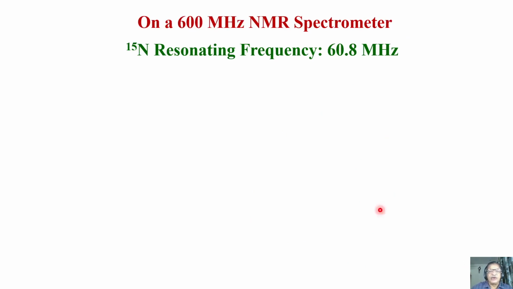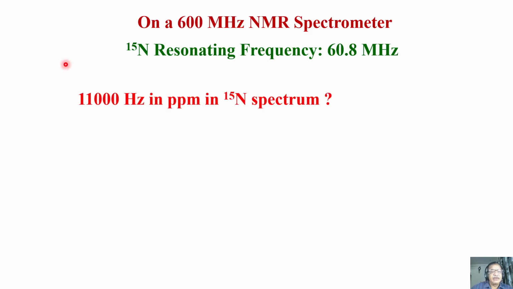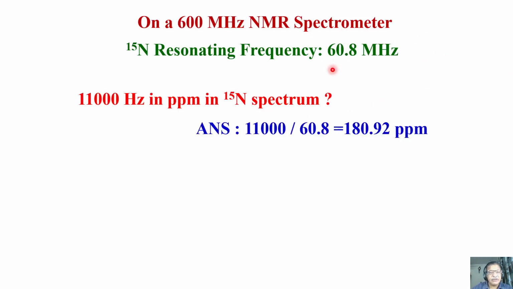Now we will also do the reverse of it. In the sense, I'll convert frequency to ppm so that you will recapitulate everything before we proceed further. Now my question is, what is 11,000 hertz in ppm in the nitrogen 15 spectrum at 60.8 megahertz?